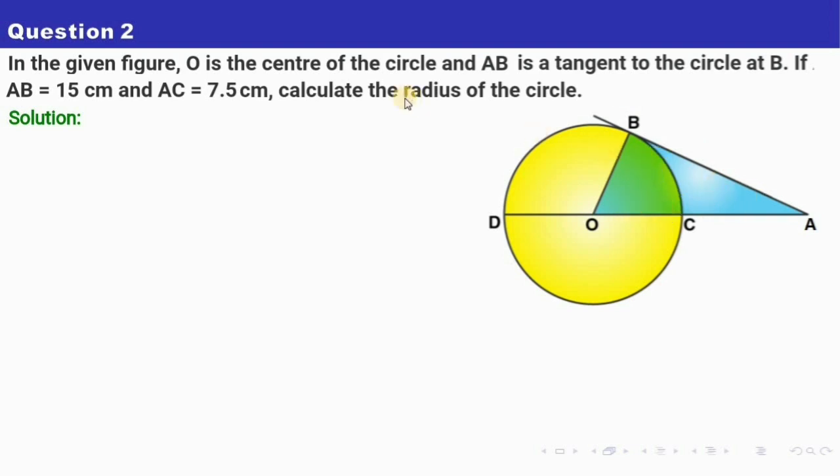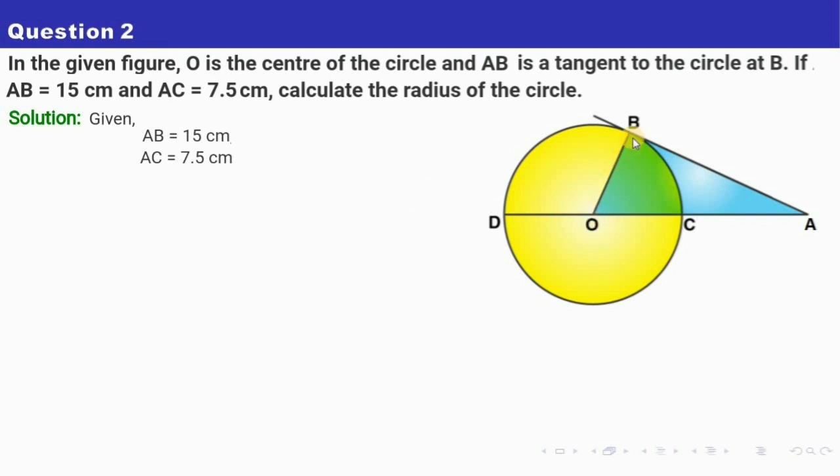Let me take the radius of the circle to be small r, because we need to calculate the radius which we don't know. If this OB is my radius, then OC is also my radius. So we have AB and AC, which are 15 centimeter and 7.5 centimeter respectively.